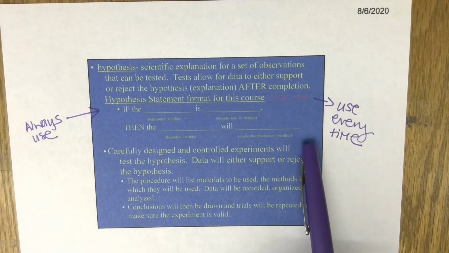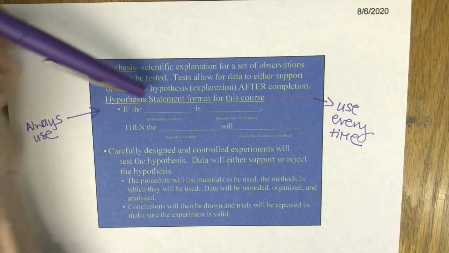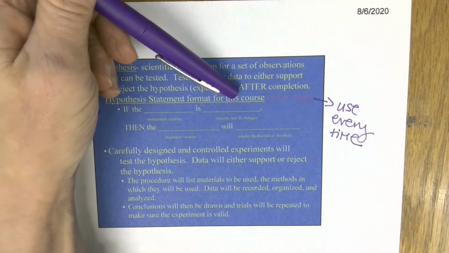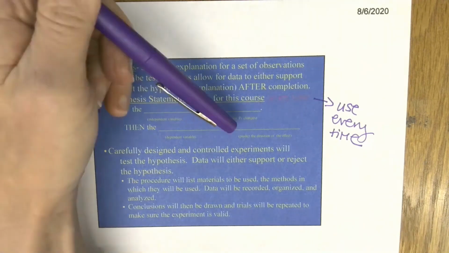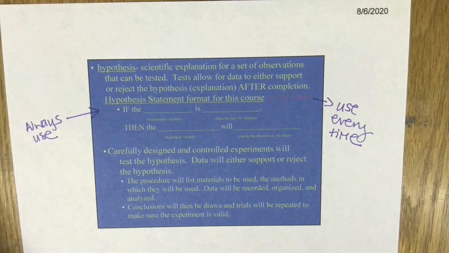So let's go back to our plant example. If the light intensity is increased, then the height of the plant will increase. And that would be a good hypothesis for that particular experiment.